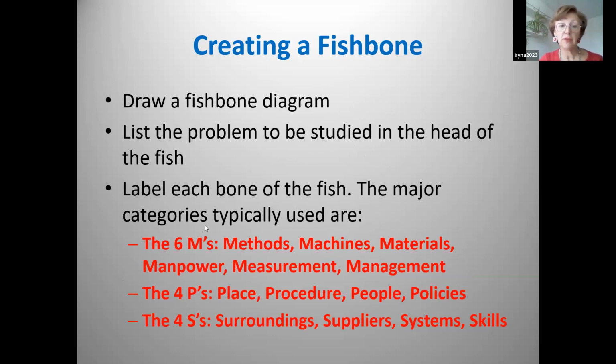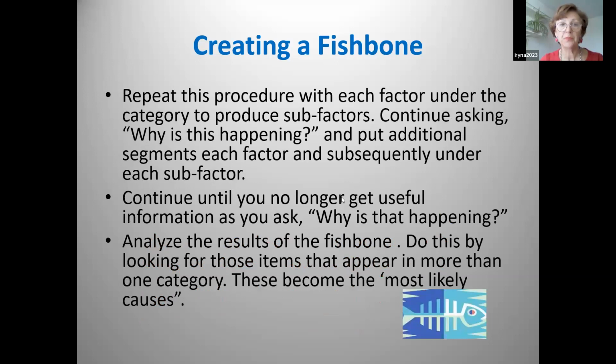And you can use the 4M typology, thinking of methods, machines, materials, manpower, measurement, or you can use the 4 Ps: place, procedure, people, policies. Another variant of 4 Ps: surroundings, suppliers, systems, skills. I will help you with this if you haven't used this before.